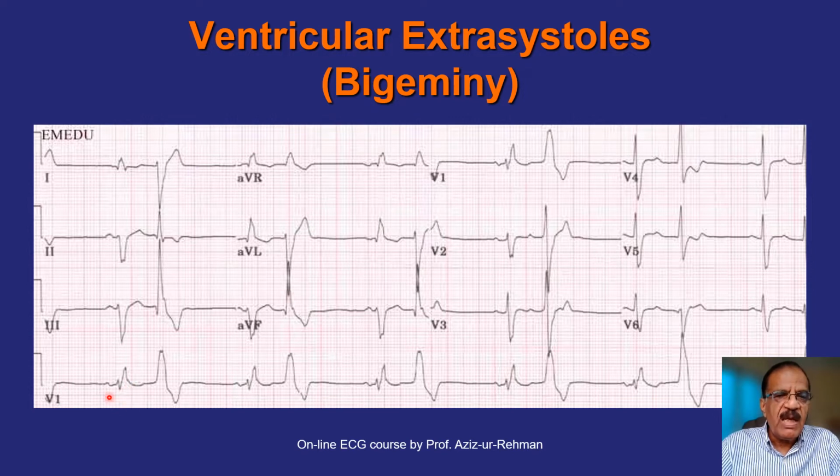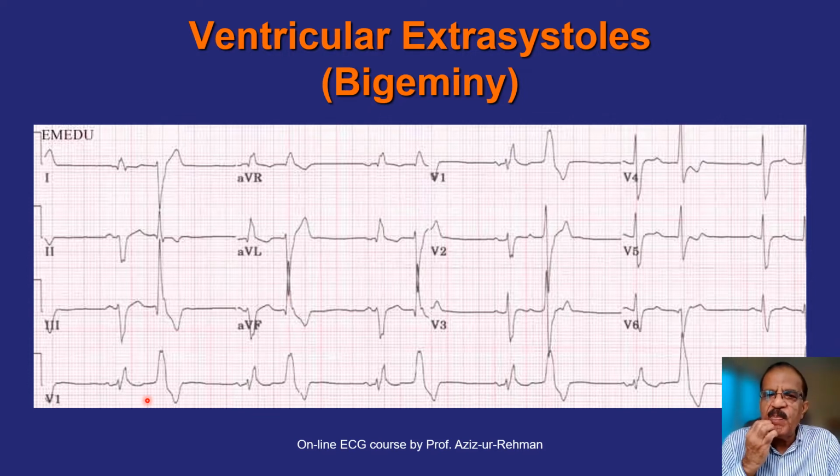This one has a P wave and a QRS complex conducted as a right bundle branch block. So these are sinus beats. But this beat has a different morphology, and it has come earlier than its expected time. So it is a ventricular extrasystole, a ventricular premature beat.